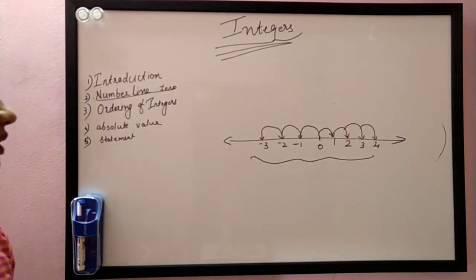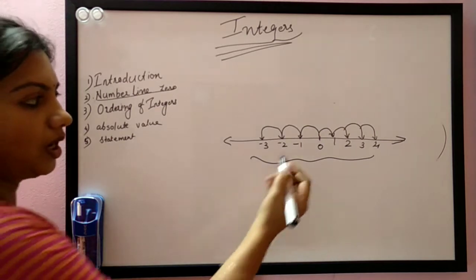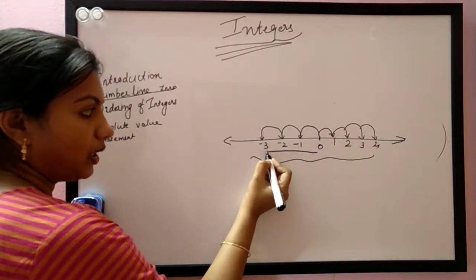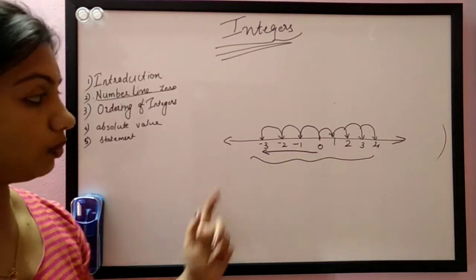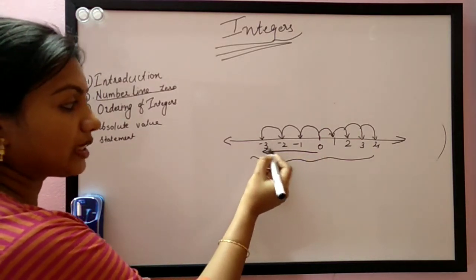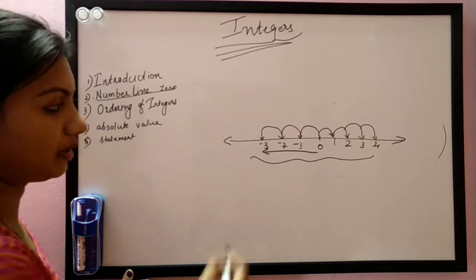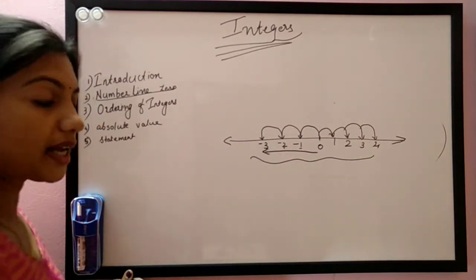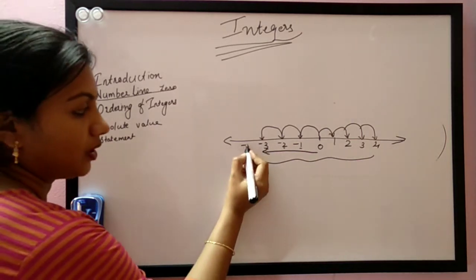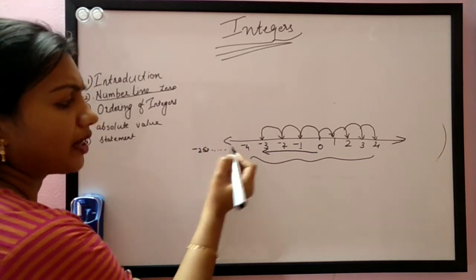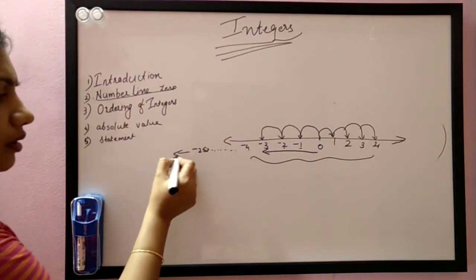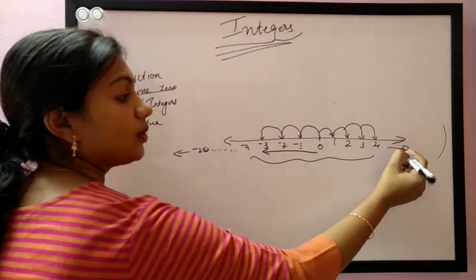This is how we represent them on the number line. When you go left of 0, the numbers increase with a sign of negative. You will have -253 here, you will have n numbers here. So here it is infinity and here also it is infinity.